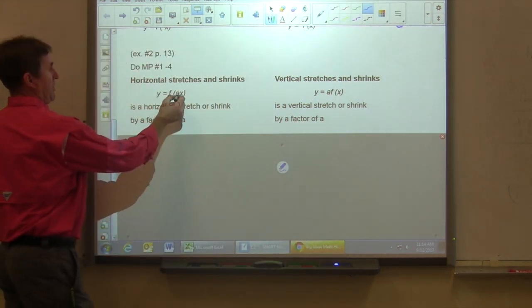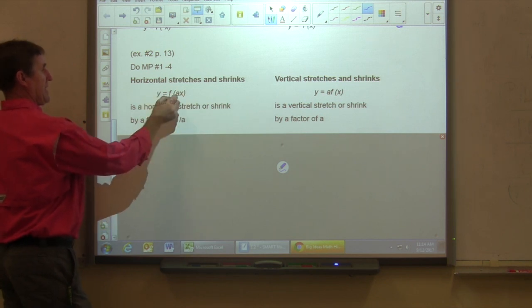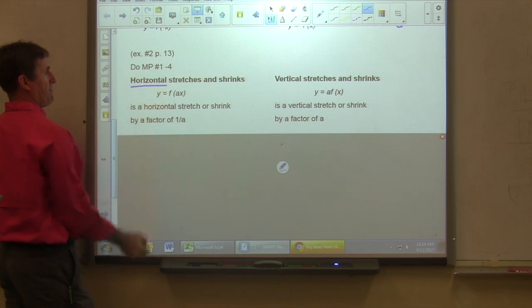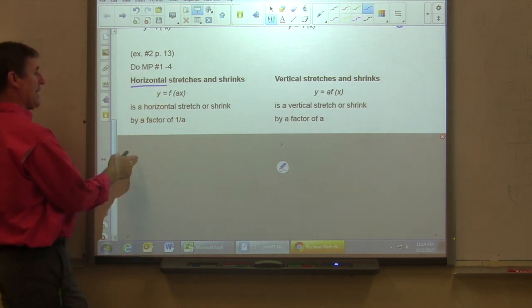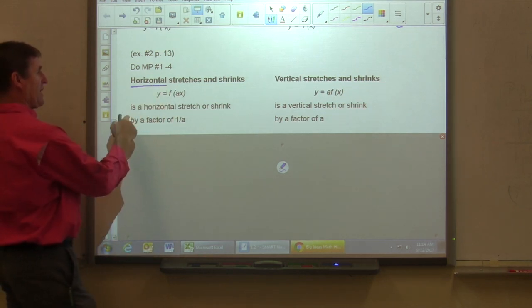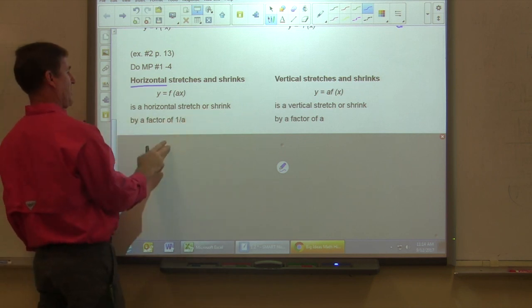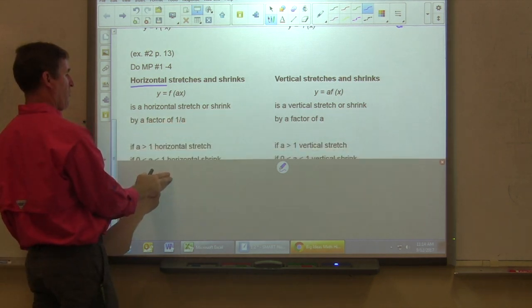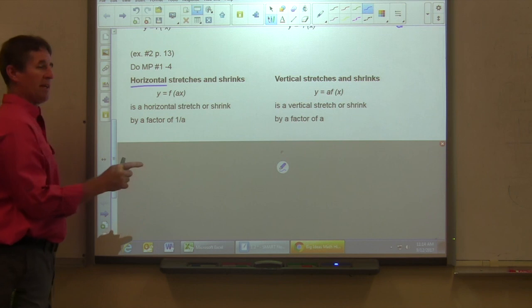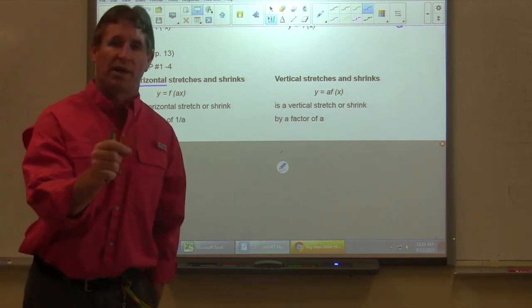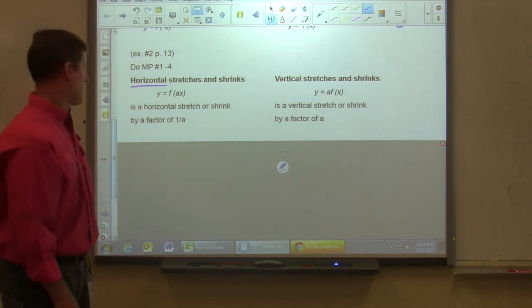So this says f equals a times x. Because it's inside the parentheses, it's horizontal. Okay? And to tell if it's a stretch or a shrink, it's a horizontal stretch or shrink by a factor of 1 over a. So just like we did with horizontal translations, remember it's the inverse of what it says.